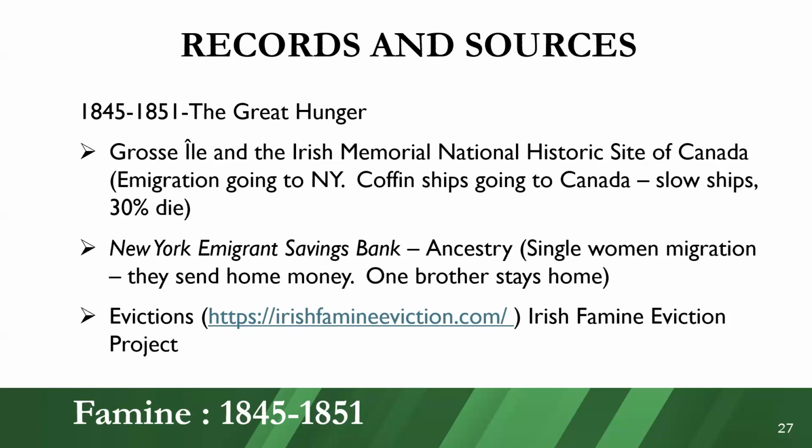And there would be a record of that in the bank information. And one of the family members would receive that information in Ireland. Maybe they were saving up to bring the rest of the family over. Maybe they were saving just for one person, but you could still take a look at the information on that. Ancestry does have that information, so do feel free to take a look and see if your ancestor landed in New York first, if they might have had an account there at the Immigrant Savings Bank.